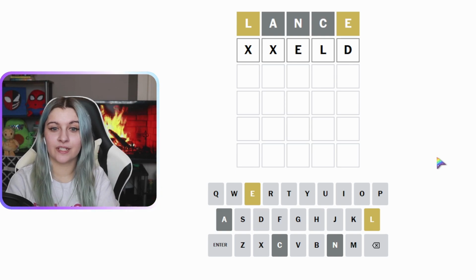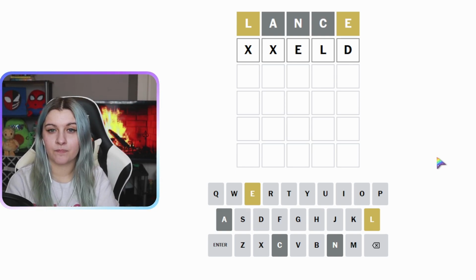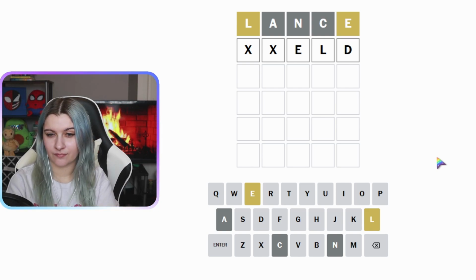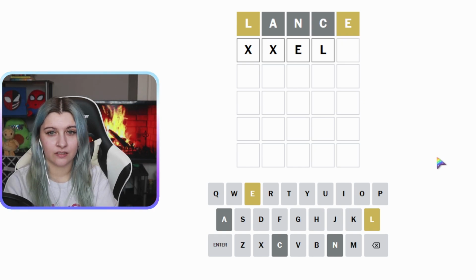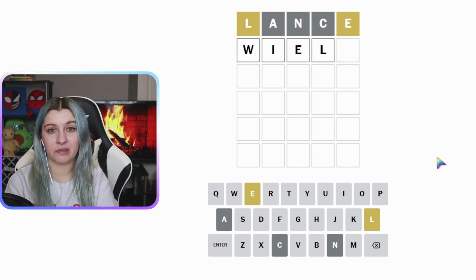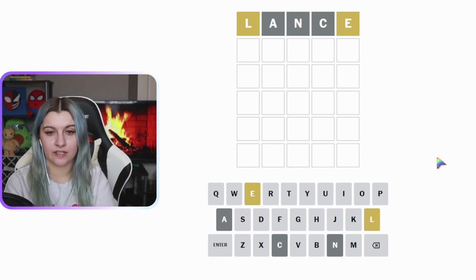Ooh, I could do an ELD ending. I need 2 consonants go together at the beginning. THTR. Oh, even like wield would be a good guess, but that's a vowel. I want to try really hard to get 4 consonants here.